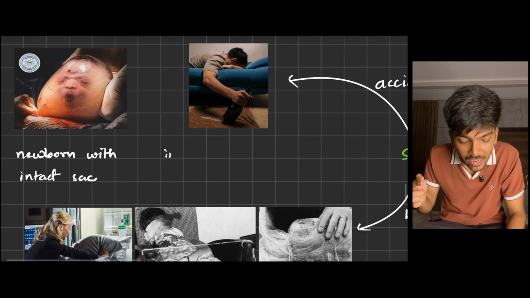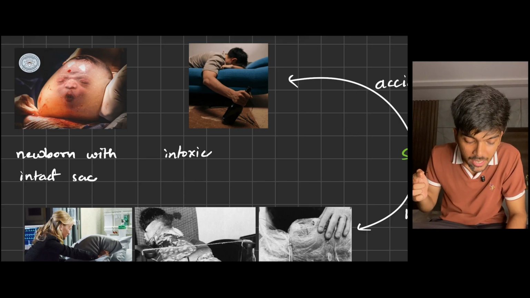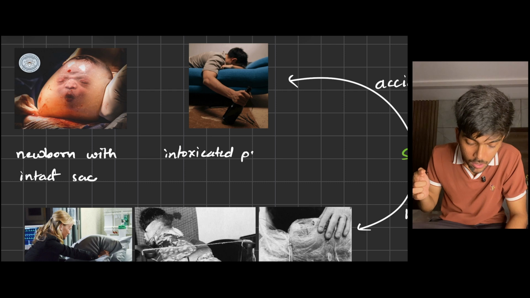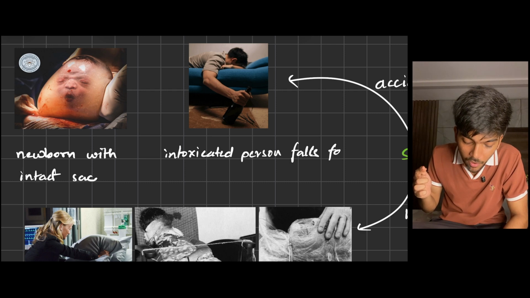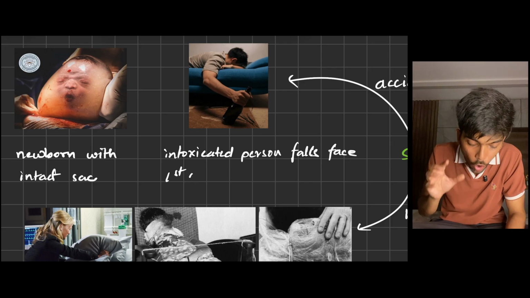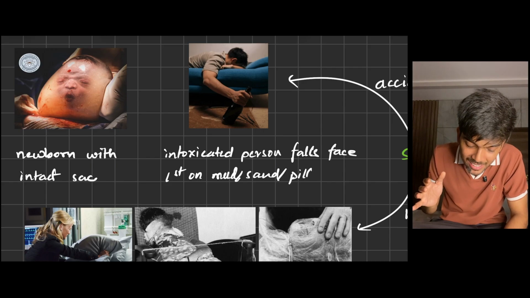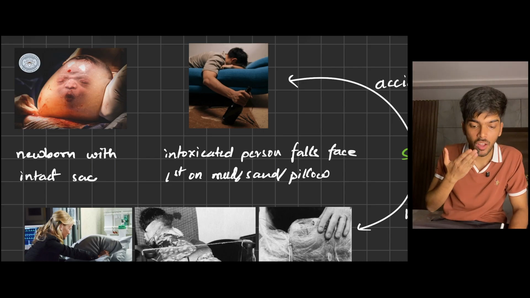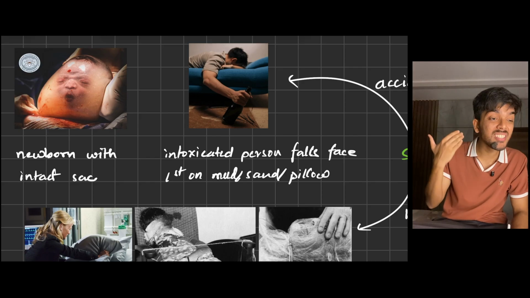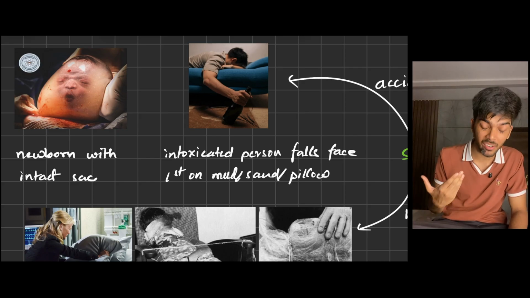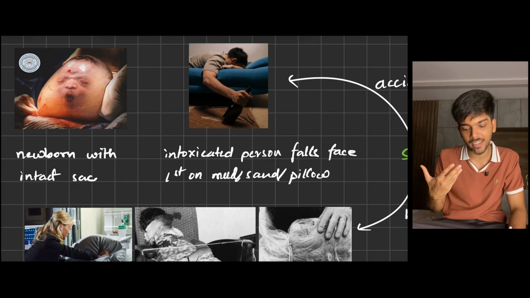Second, intoxicated person falls face first on mud, sand or pillow. As a result, his nose and mouth get blocked and he is unable to breathe, and he is not conscious enough to protect himself from that condition because he is intoxicated.